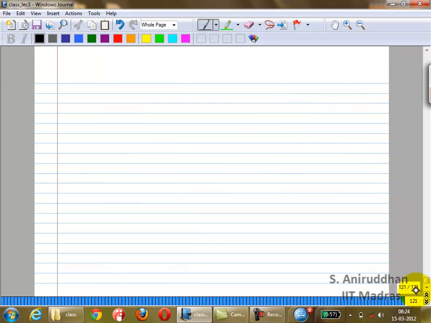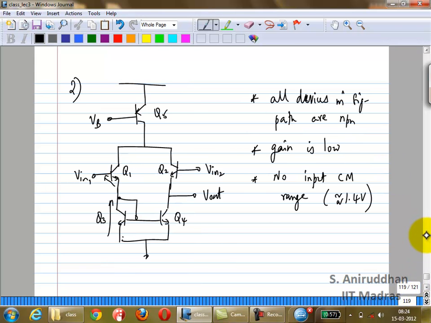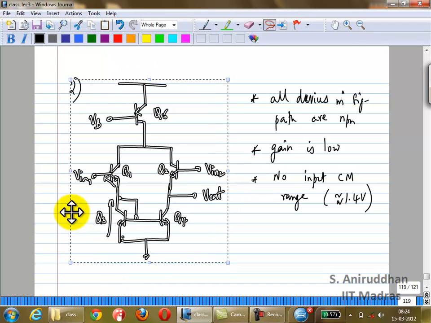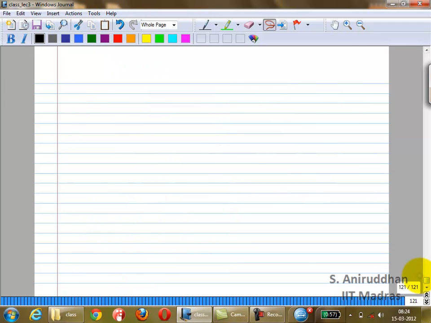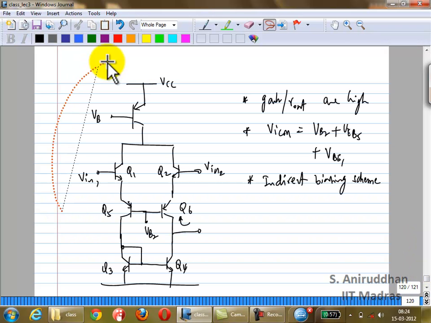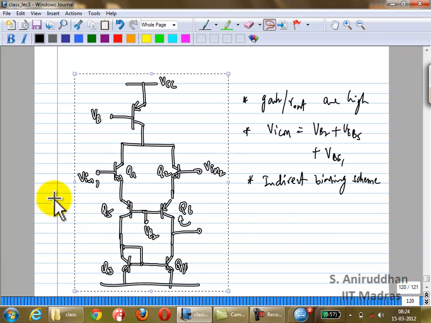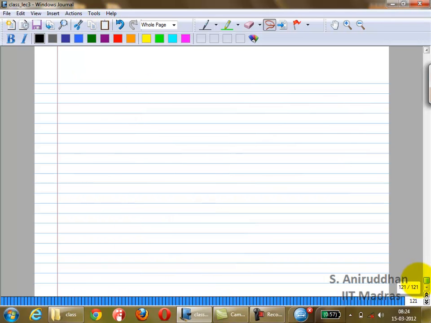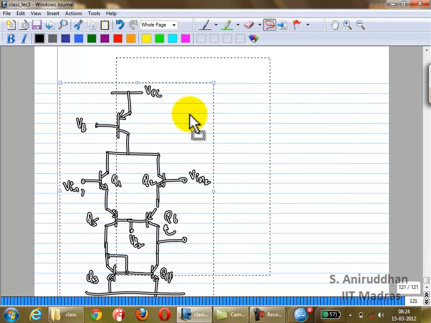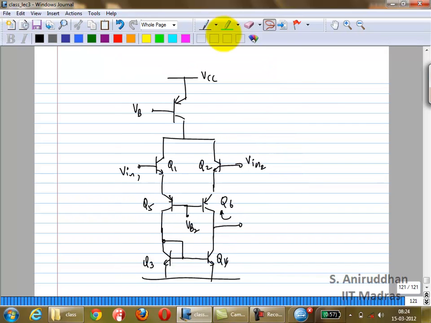Let's take a look at that. So I'm going to copy this particular picture. I know you people cannot do that, but I'll just do it because it's a little bit faster. So now you need to fix this VB2.